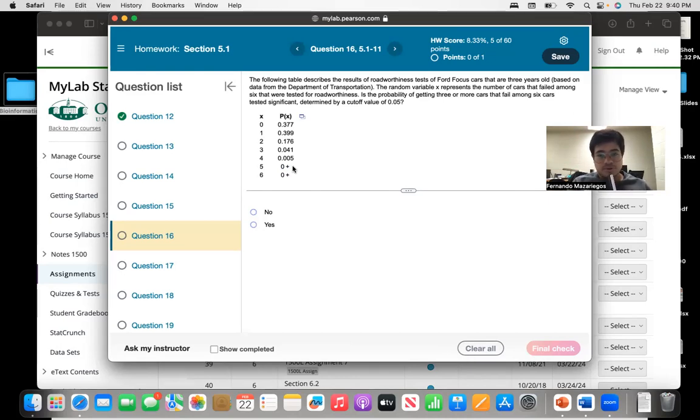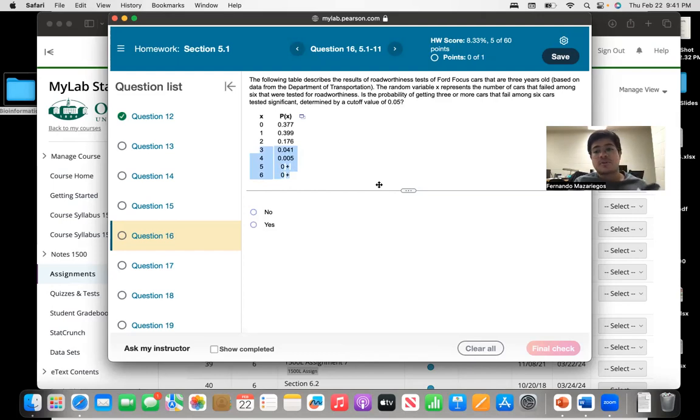So to round it, we would get something like this, but we know it is not exactly 0. Okay, so the question is, is the probability of getting 3 or more cars that fail significant? So what is the probability of 3 or more? We have these. Let's add them together. We have 0.41 plus 0.005 plus 0.